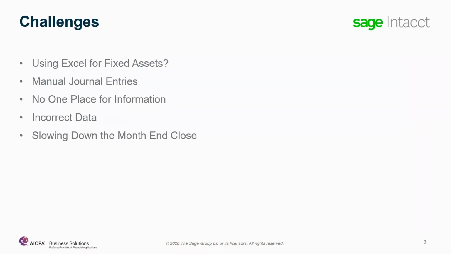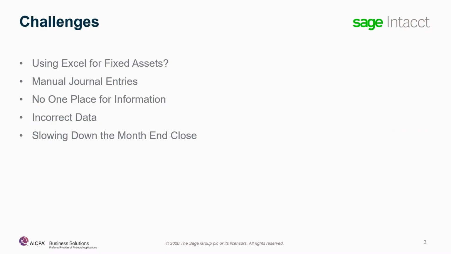For most of us who are not using an automated solution for fixed assets, we're doing that primarily using Excel. And for all of us who are Excel users, we know that it's a great tool for capturing information. However, it does have some cons. One of those is not having the most accurate, up-to-date information, and also not being assured that that information is accurate.